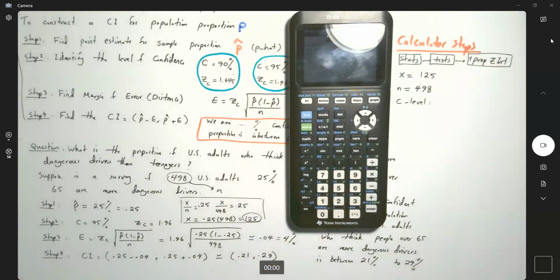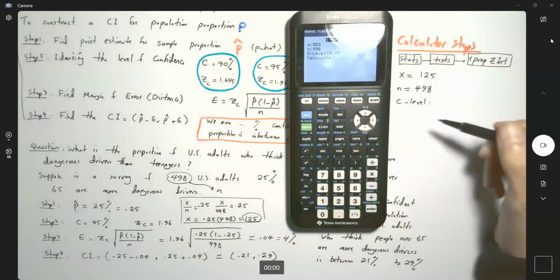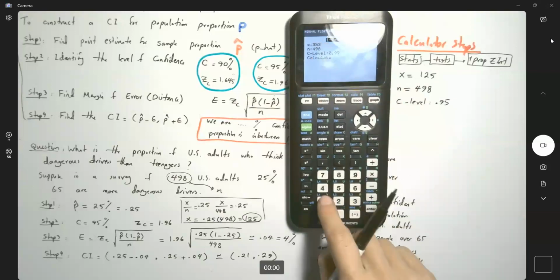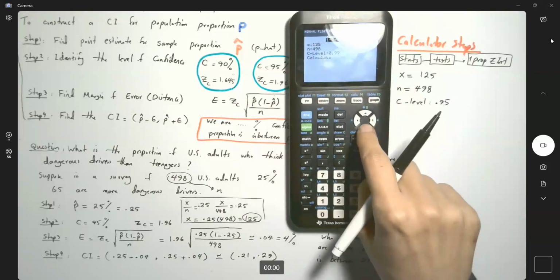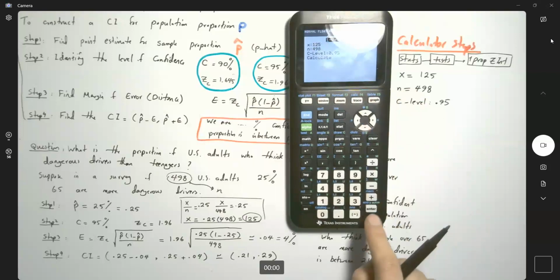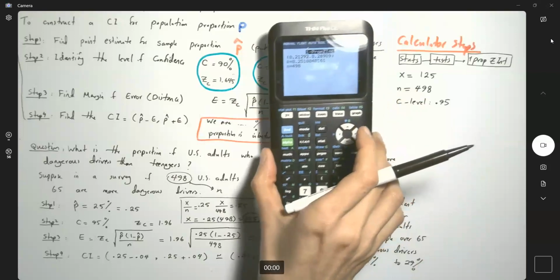125. C level is not given, so you're going to use 95%. So here I have 125, 498, C level 0.95, and do the calculation for me. Wow, it's very fast.